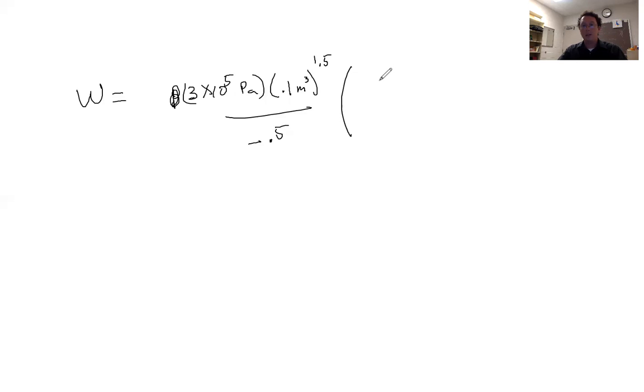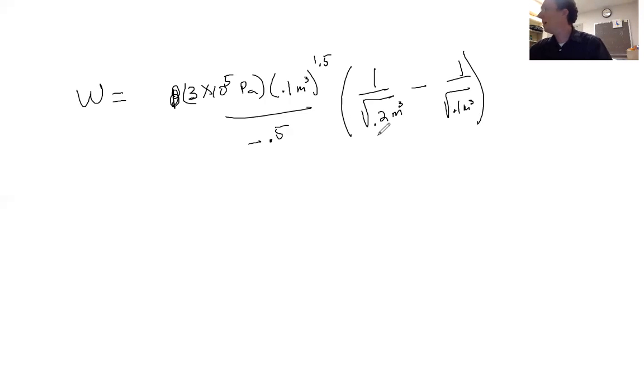Times 1 over the square root of the final volume, 0.2 meters cubed, minus 1 over the square root of 0.1 meters cubed. And when you type it all in, we find that the work will equal, make sure I get this right. I worked this out before, so I just want to write it down here.